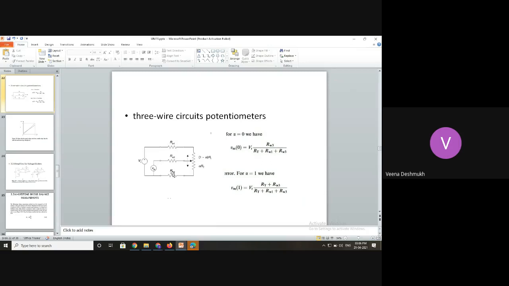But when the actual resistor value is very, very high in comparison to the lead wire resistors, only under such cases, these can be considered negligible for analysis.